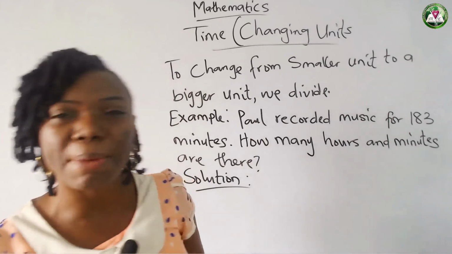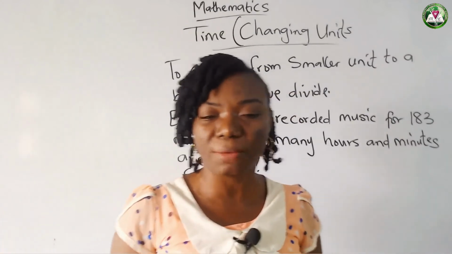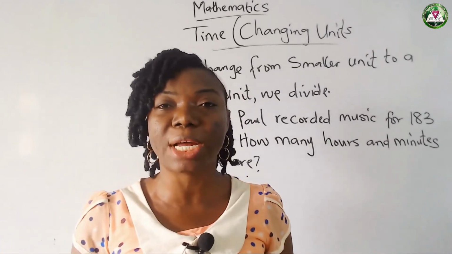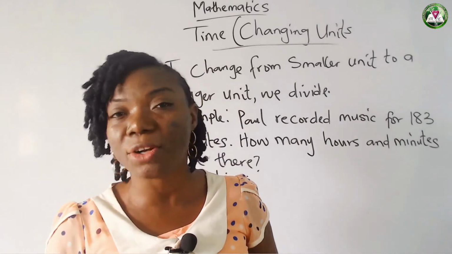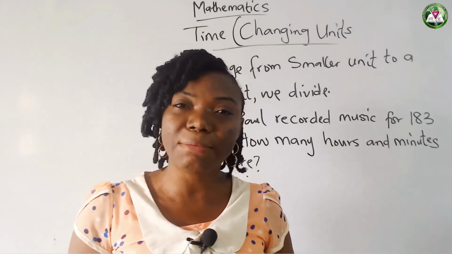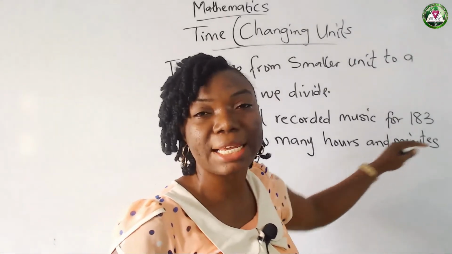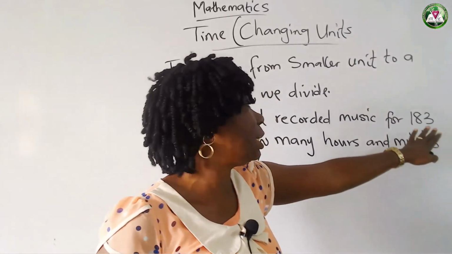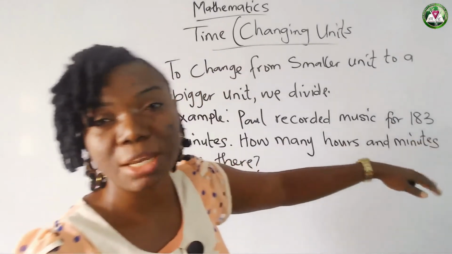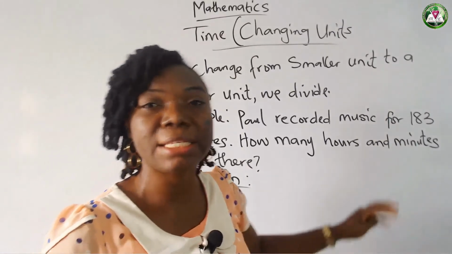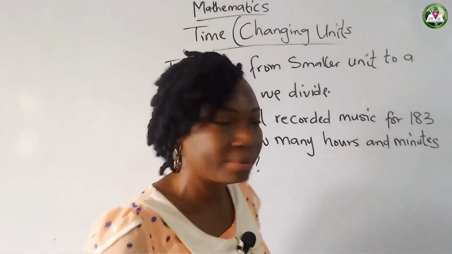And when we talk about time, remember that in each of the time, the difference is usually 60. 60 seconds makes a minute, and 60 minutes makes an hour. So for us to find how many hours are here in 183 minutes, we are going to divide it by 60 minutes. Is that clear?